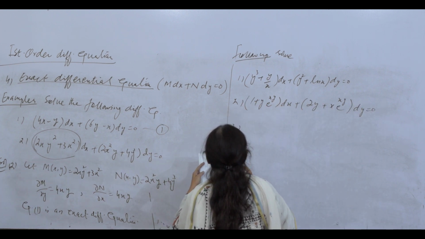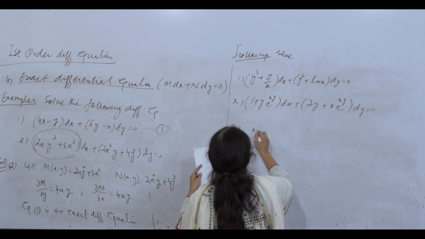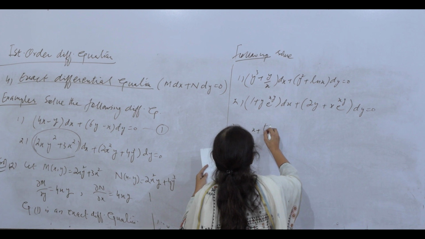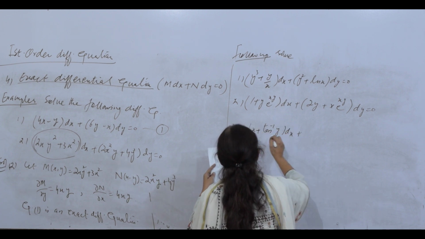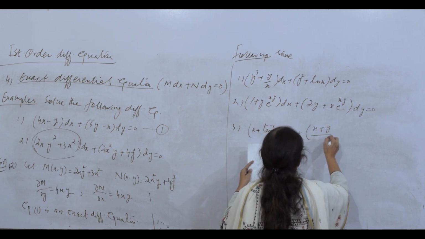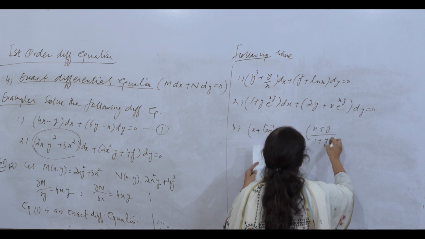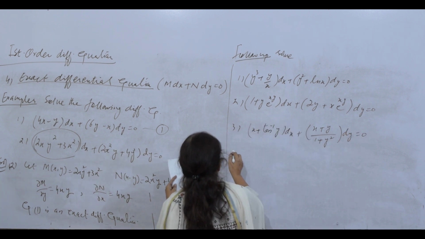Number 3, (x plus tan inverse y) dx plus ((x plus y) over (1 plus y square)) dy equal to 0.